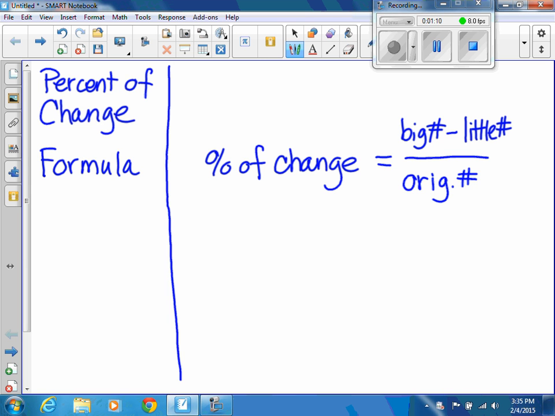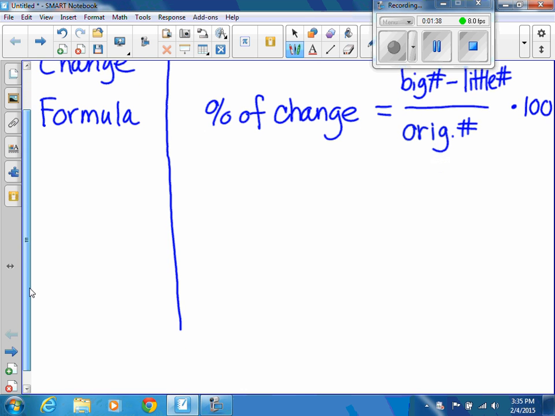You take that, and then you're going to times it by 100, because that's going to be that percent idea. So when you're doing percent of change, you usually have two numbers. You're going to take the larger number minus the smaller number, divide it by the original number that you were given. It might have been the big number or it might have been the little number, but you're going to divide it by the original number and then times it by 100.